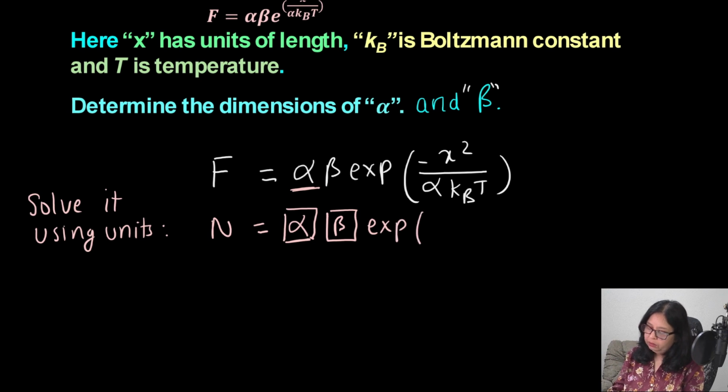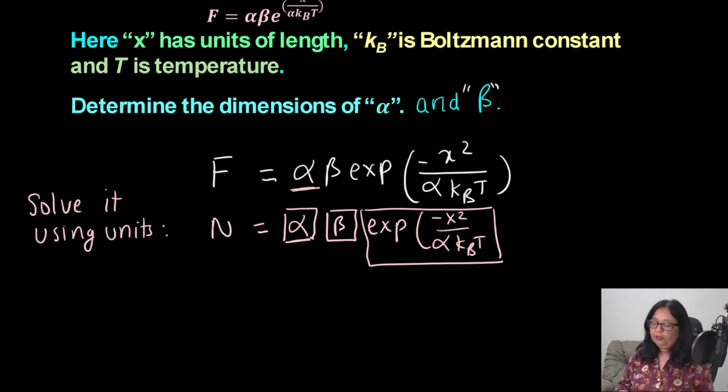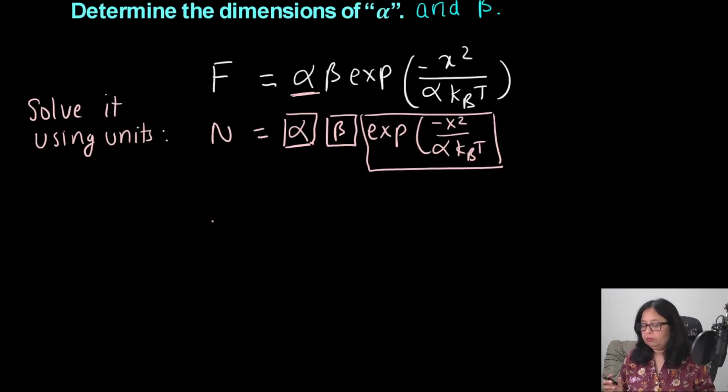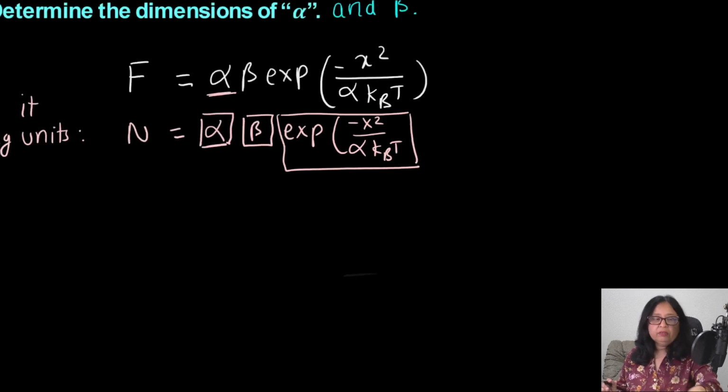Exponential of minus x squared over alpha kBT, the SI units of this thing. Okay, so a box represents the SI unit. Have you ever seen it done this way before? I have not. I just made this up. Now, here is an important point.